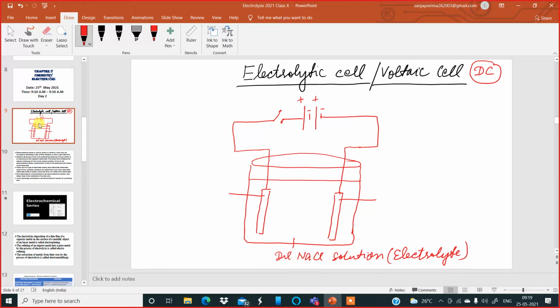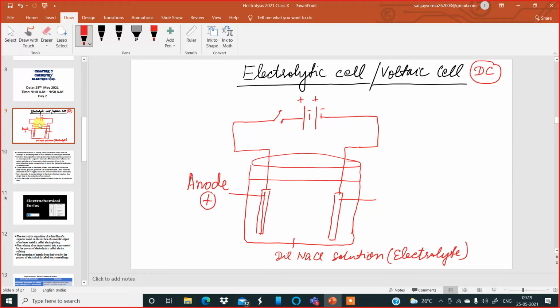Now, the electrode which is connected to the positive terminal of the battery is called anode, and the anode carries a positive charge.